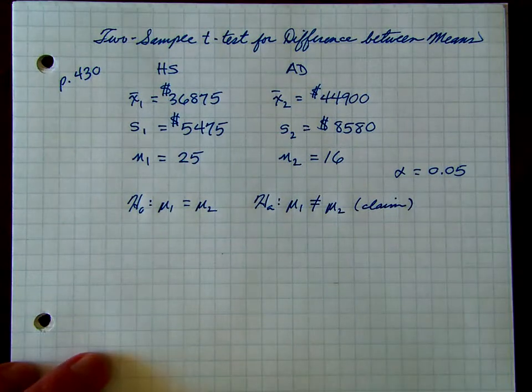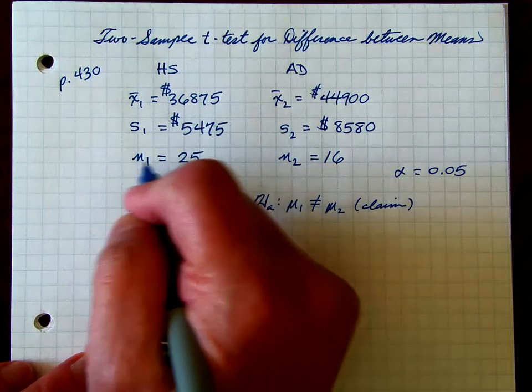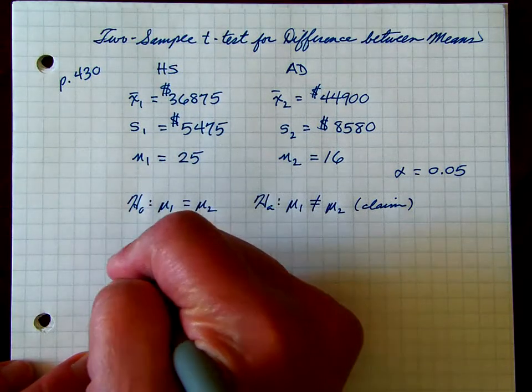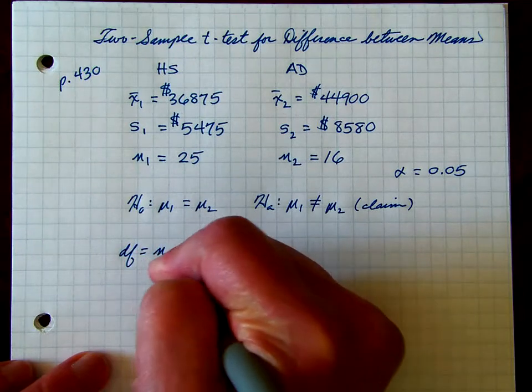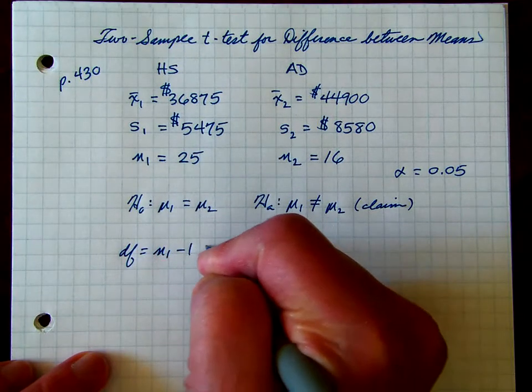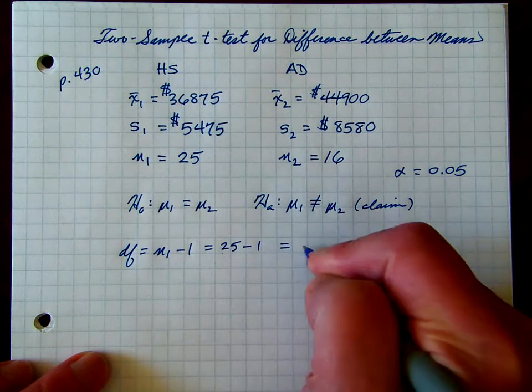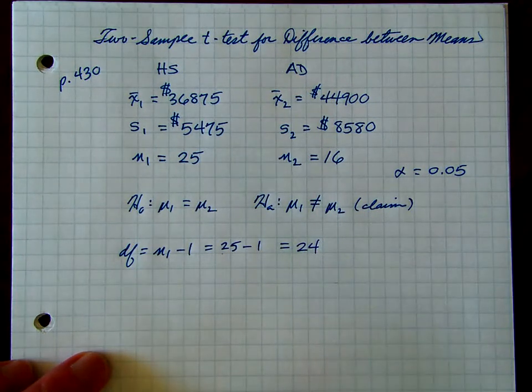All right. Now let's figure out what's going to happen. If you looked at the first set of data, df would be n1 minus 1, which is 25 minus 1, so it looks like 24 degrees of freedom.